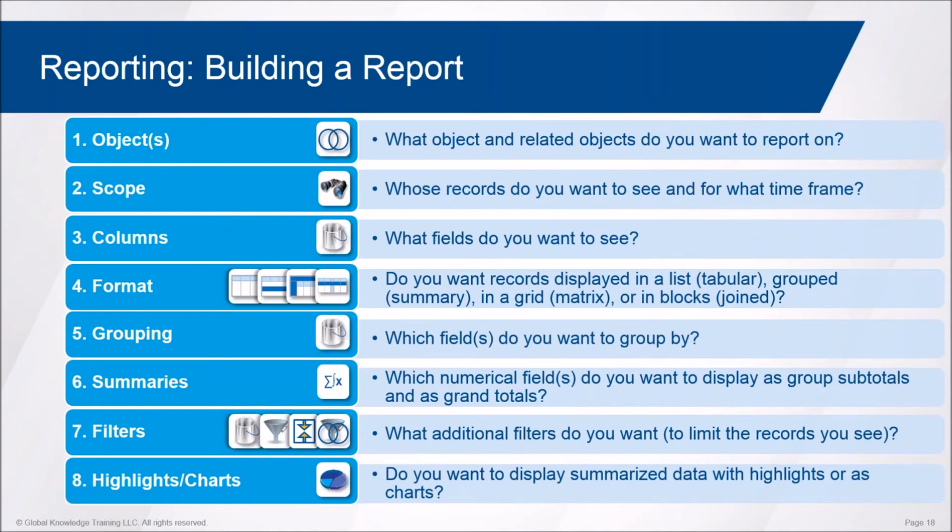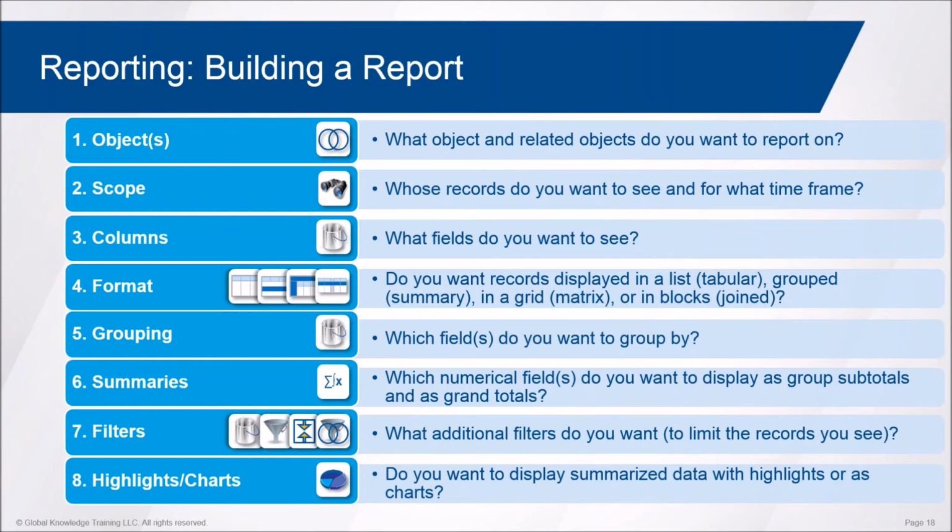And then I select the format. Do I want my report tabular? Do I want summary? Or do I want a matrix formatted report? And that merely changes the presentation of the data in the report and allows me to use different tools within that report to present that information, like groupings and summaries and column level summaries and row level summaries if it's a matrix report format.